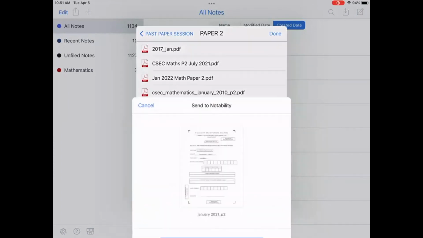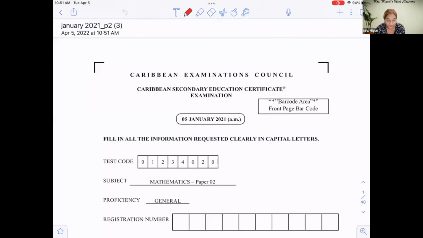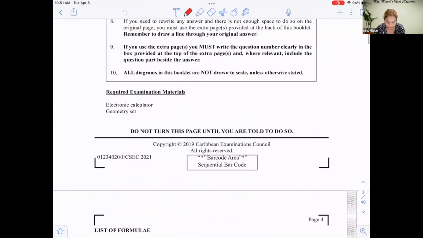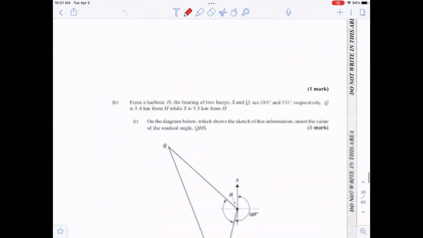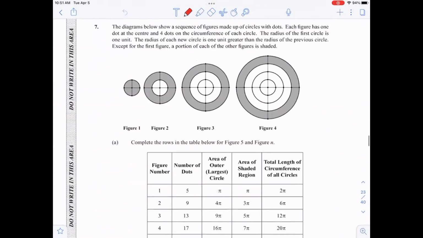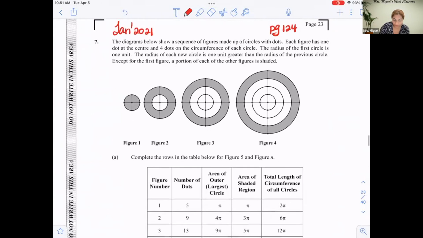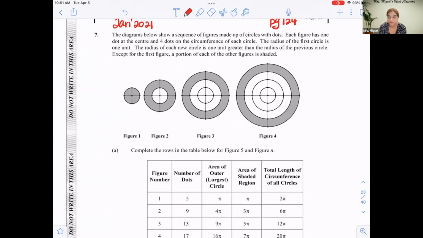It is paper 2, starting at page 140. But what page is question 7 on? Question 7 is 124. So find in your booklet January 2021, page 124. Those of you who do not have the booklet can follow on my screen, and I did send all the past papers via WhatsApp.